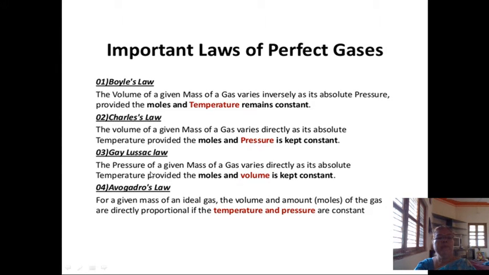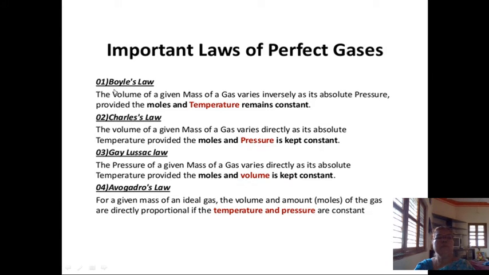Then Gay-Lussac's law: the pressure of a gas varies directly as its absolute temperature, provided the moles and volume are kept constant. Then Avogadro's law: for a given mass of an ideal gas, the volume and amount of the gas are directly proportional if the temperature and pressure are constant.